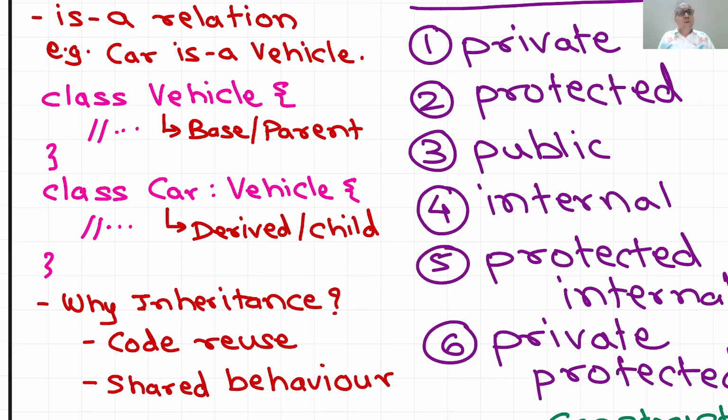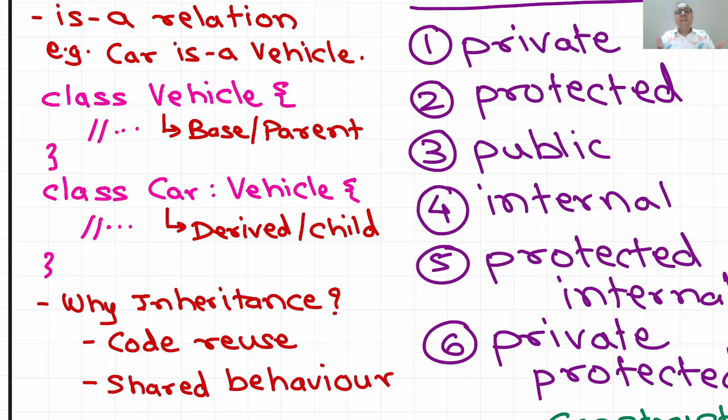Now, in this particular case, you understand that your vehicle class is written first with certain properties, with certain fields, with certain methods. And then when you want to write your own car, since we say that car will be having all the properties of the vehicle, you need not re-implement all those things once again in the car.